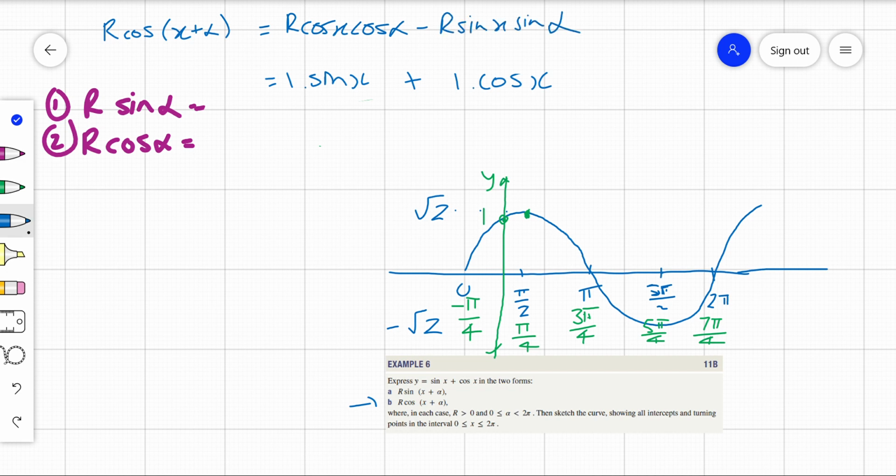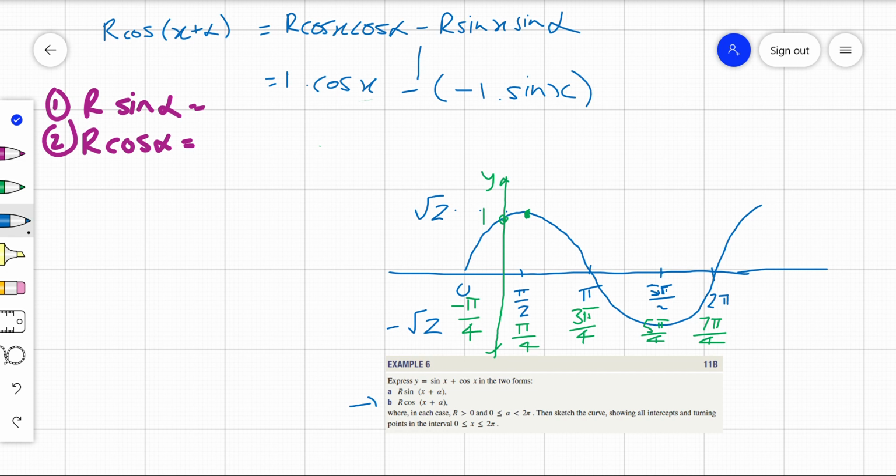And again, I'm comparing, although I'll write this the other way and, instead of sin x plus cos x, I'm going to put 1 times cos x minus 1 times sin x, which is the same as sin x plus cos x, right?